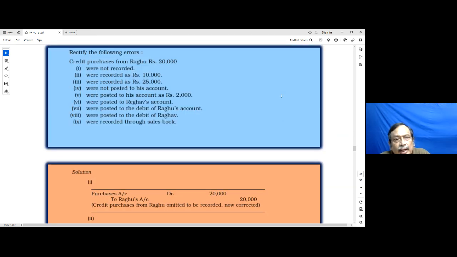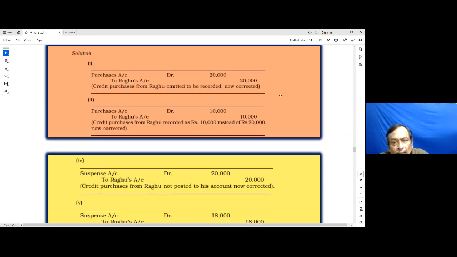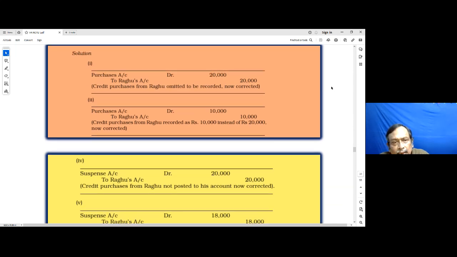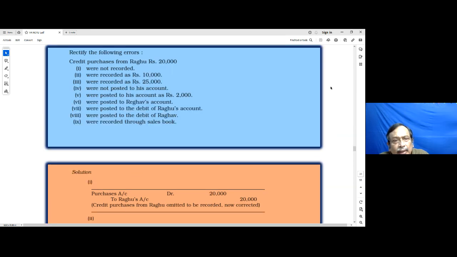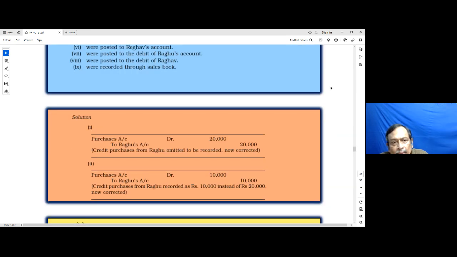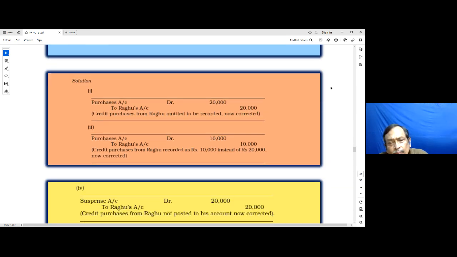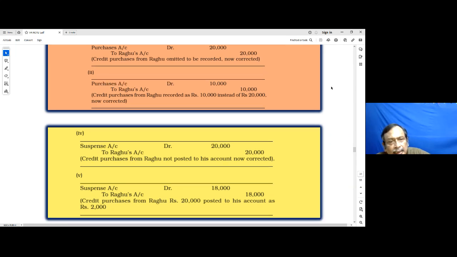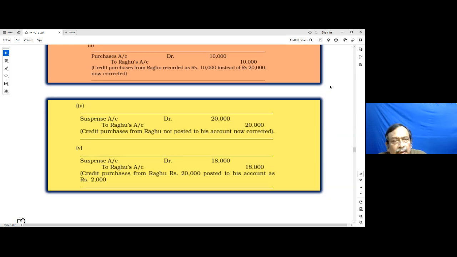Third one, were recorded as rupees 25,000. So suspense account will... purchase account, that is number 3 we are talking, were recorded as rupees 25,000. Number 3, that is purchase account debit to Raghu 10,000, 10,000. Then suspense account debit to Raghu 20,000, 20,000.